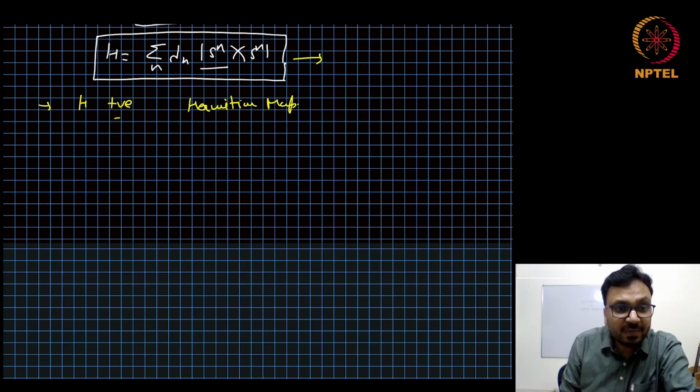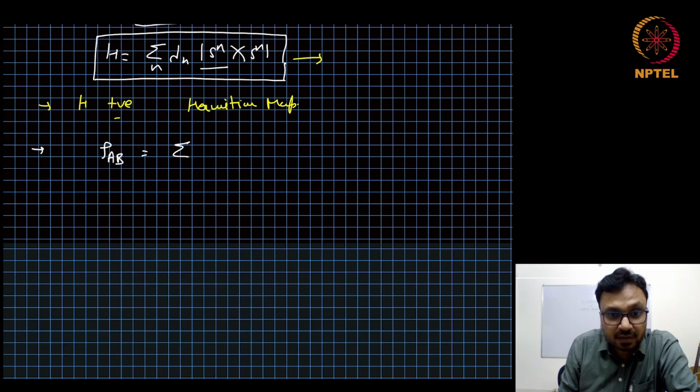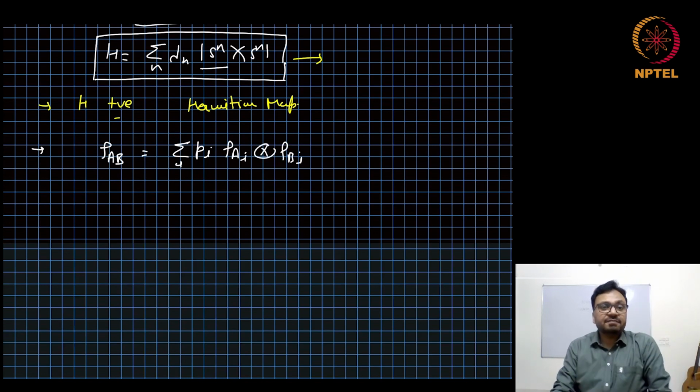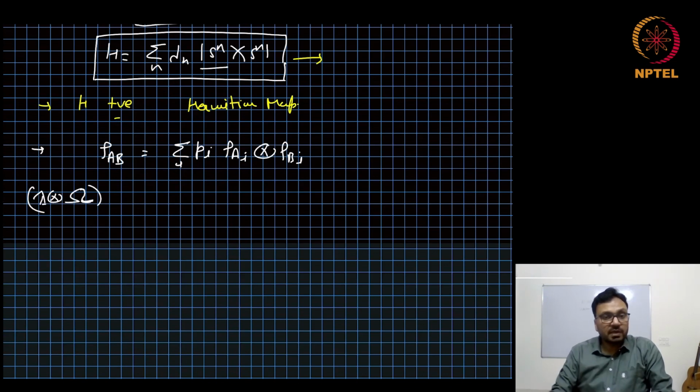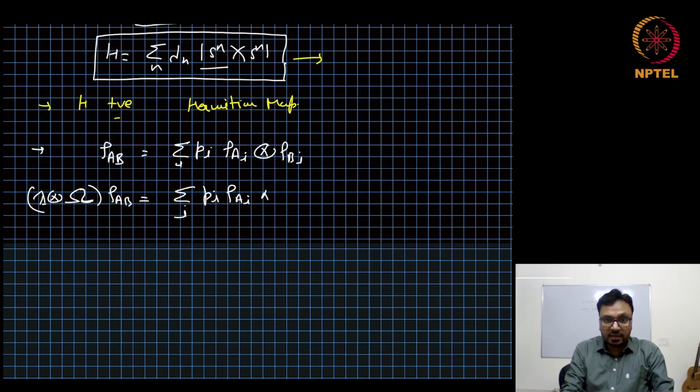One application of the positive maps is the following. If we have a bipartite state rho AB, and it's written as sum over i of p i rho A i tensor rho B i, that is, a bipartite density matrix written in a separability decomposition, then a positive map omega acting on a subsystem, let us say the B subsystem here, will give us sum over i of p i rho A i tensor omega of rho B i.